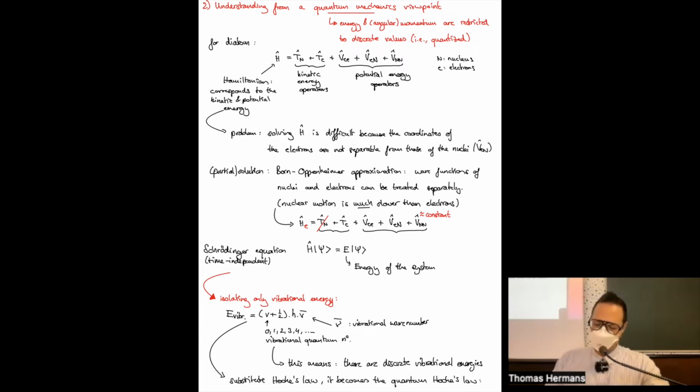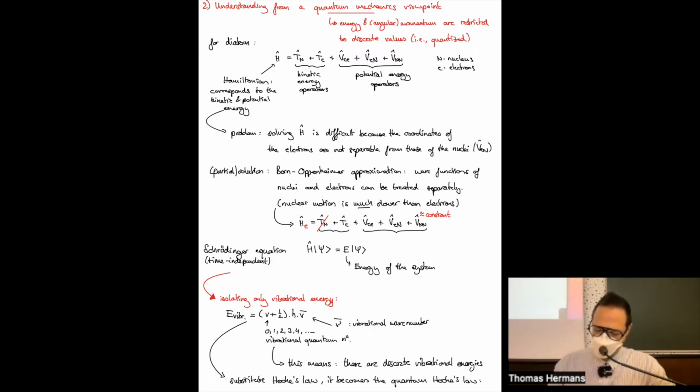Okay, and this is because nuclear motion is much slower than electrons. So on the time scale of the electrons moving, the nuclei kind of don't do anything. It's a bit similar to this Franck-Condon principle, where the nuclei were also static compared to the time scale of, for example, photon absorption. So this is kind of similar spirit to that.